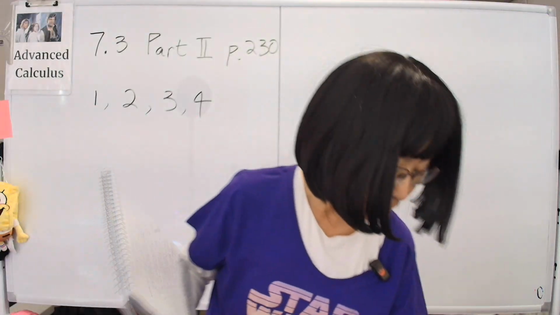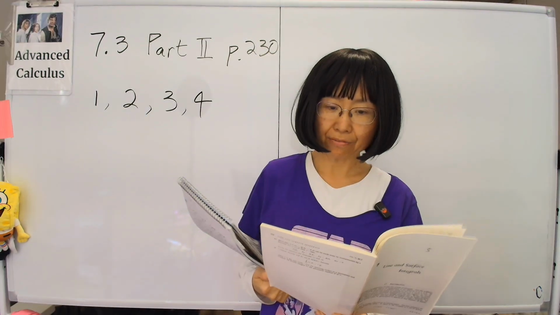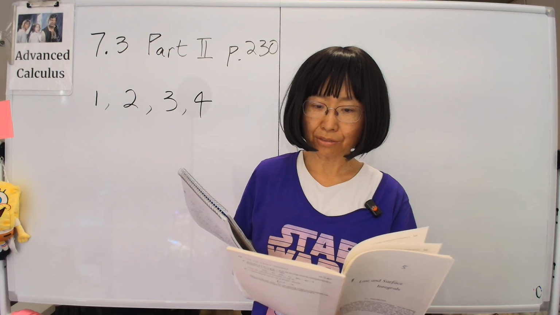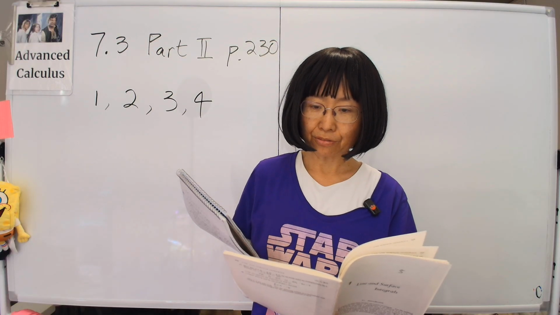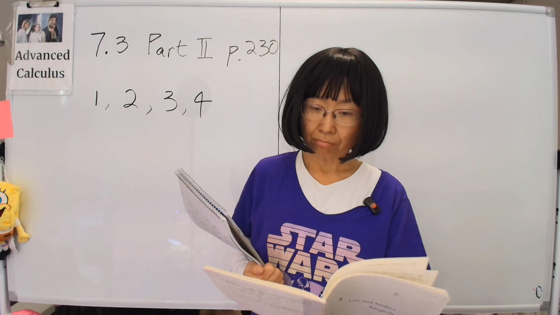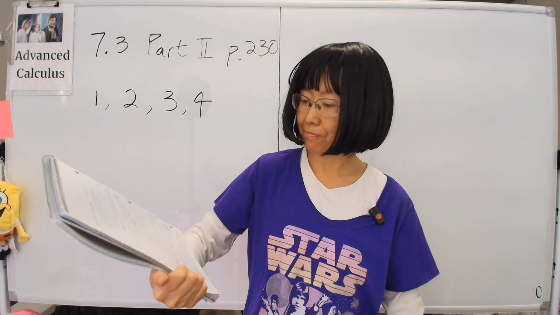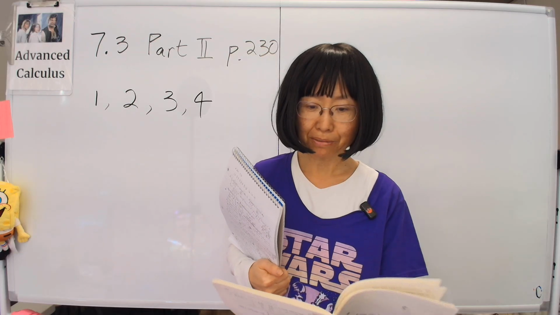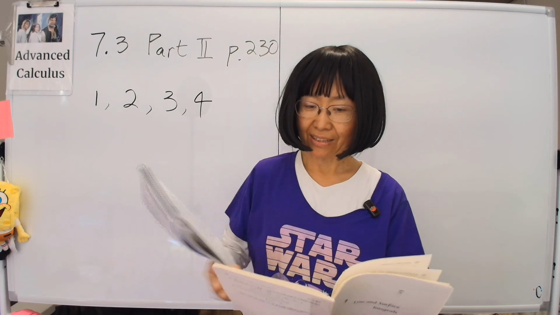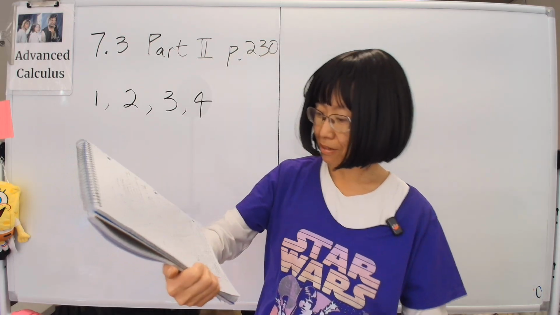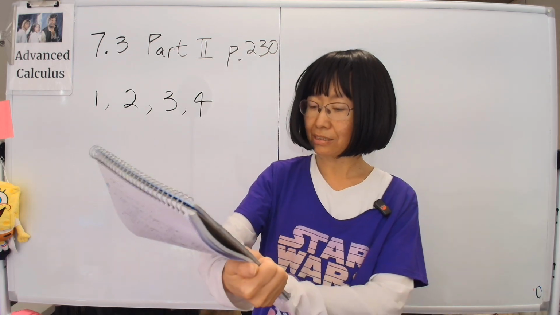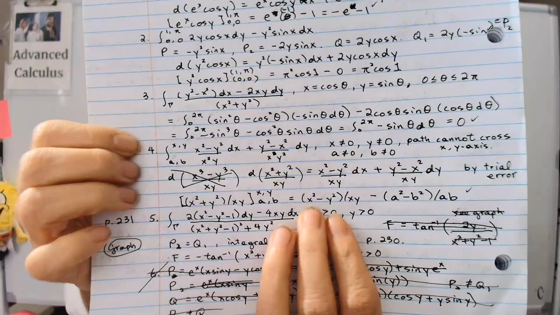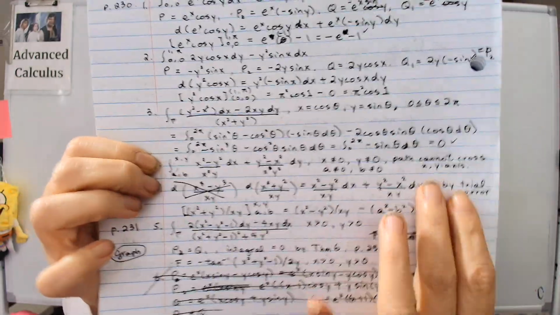And then next, problem 4, we have this integral. The question is, what kind of restrictions do we need to impose on this thing? The restriction mostly has to do with the denominator should probably not be 0, okay? Other than that, which in this case means the paths cannot cross the x and y axis, as I say on this side.